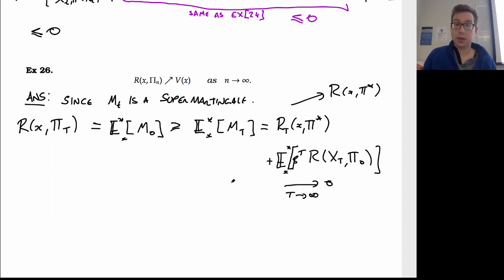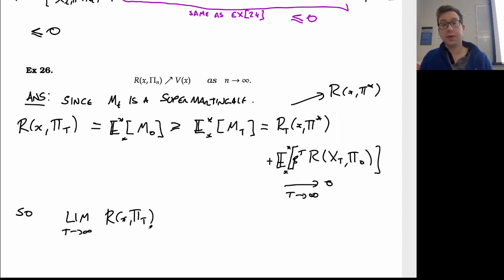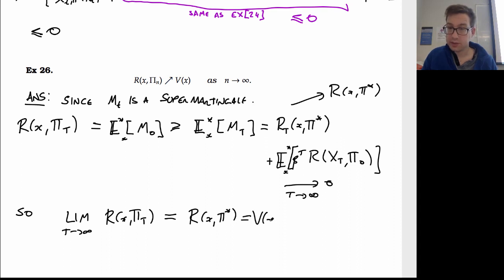So this inequality says that if I let t go to infinity, the limit of the rewards from those policies is equal to the reward function from the optimal policy, v of x, which is what we wanted.